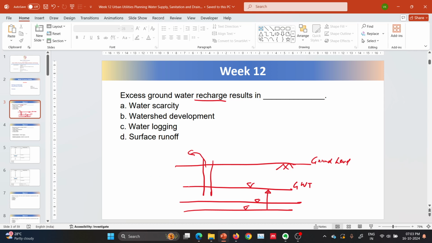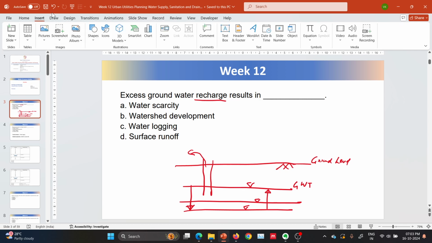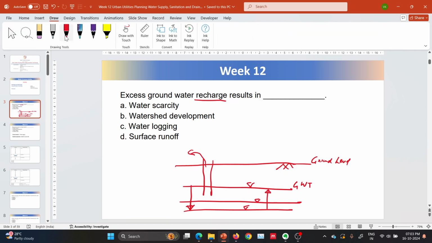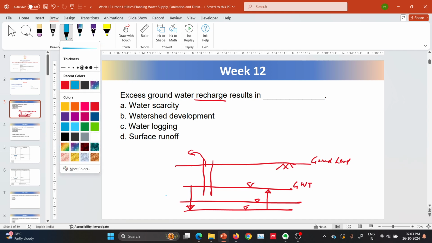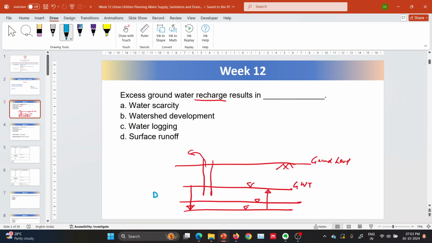So we can write it like, it is called depletion, and it is called recharge.